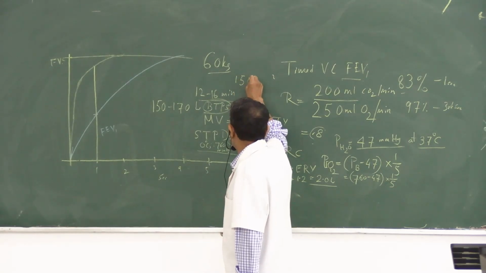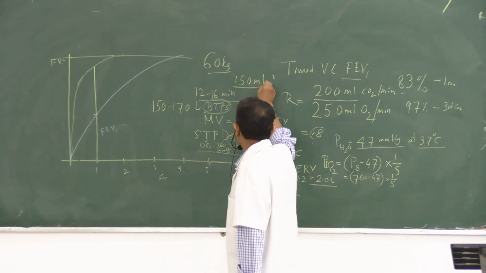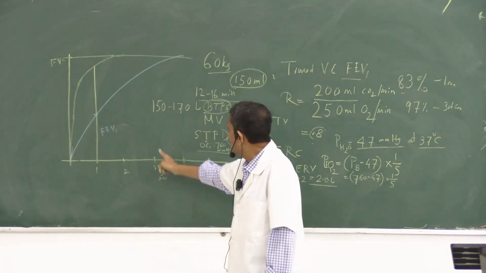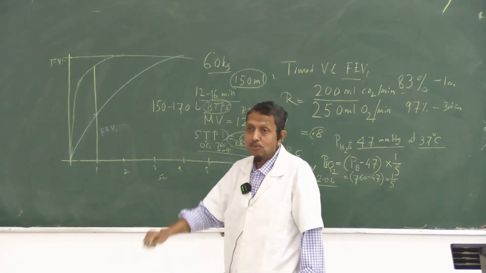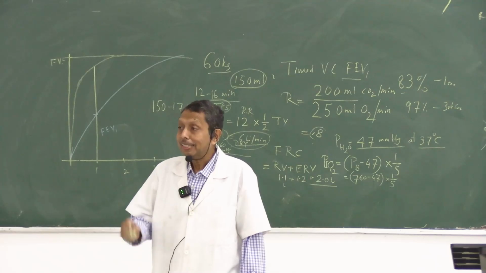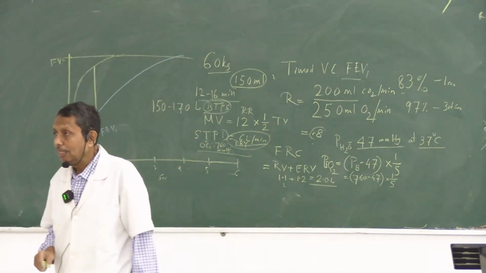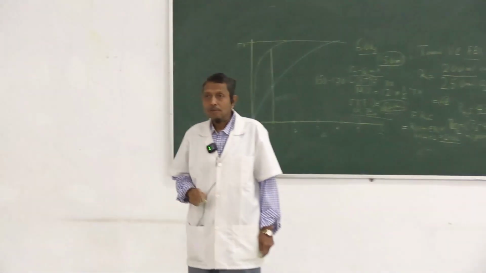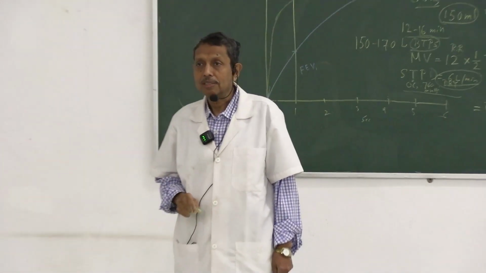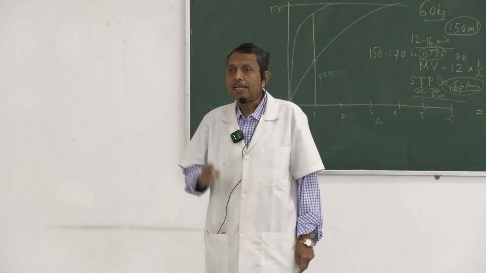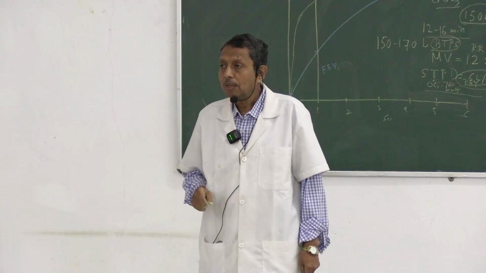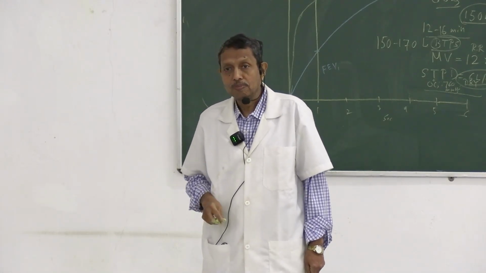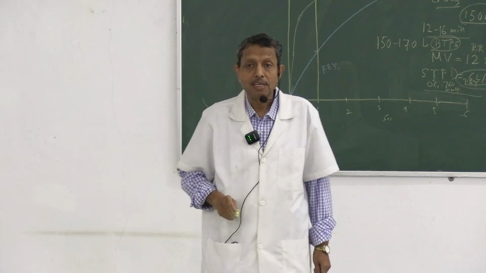150 ml. It is the dead space up to the level of the terminal bronchioles, wherever there is no alveoli, no gaseous exchange is taking place. And it must be subtracted from the total minute ventilation. Then you get the alveolar ventilation.